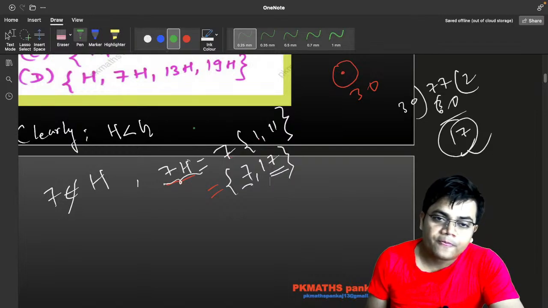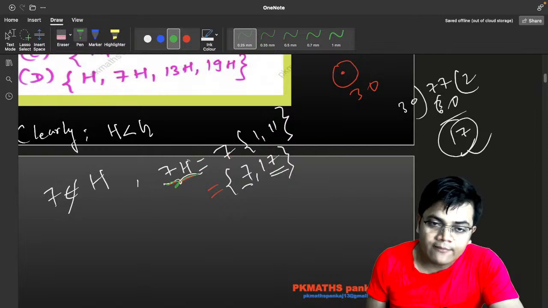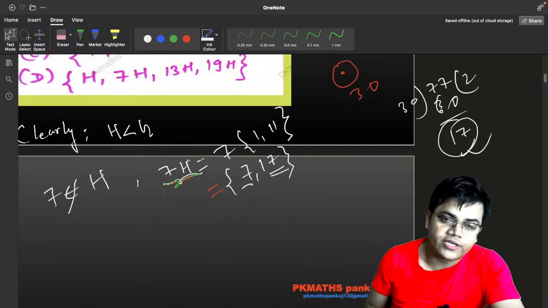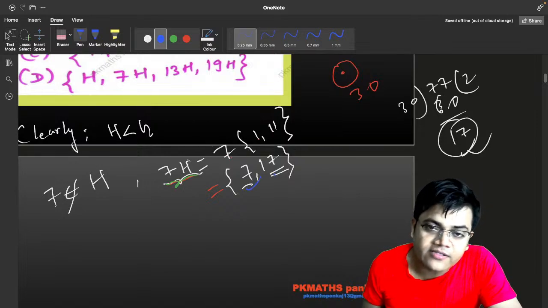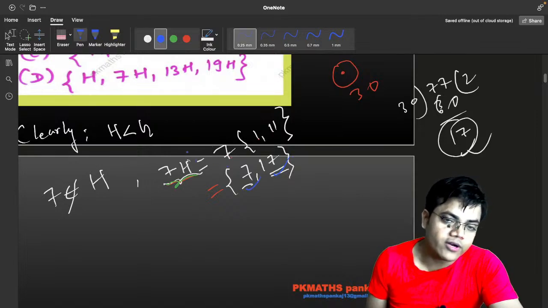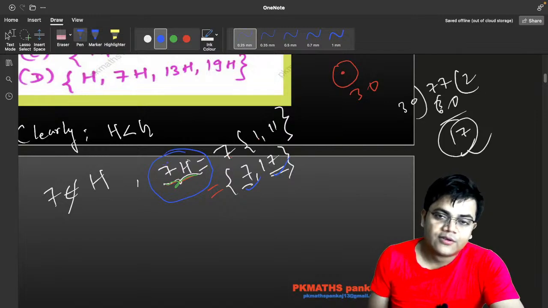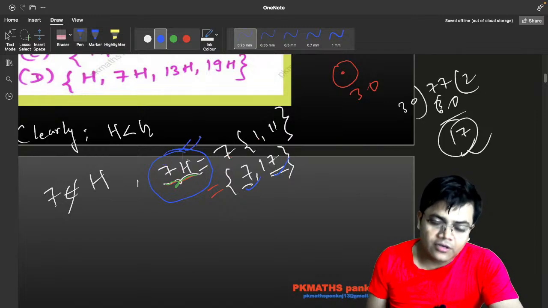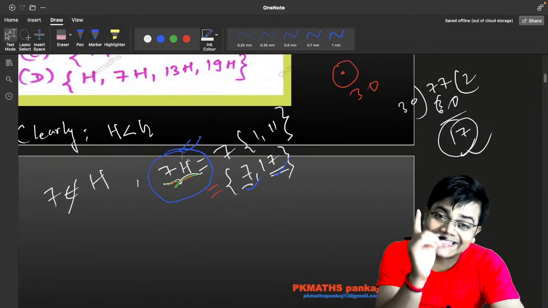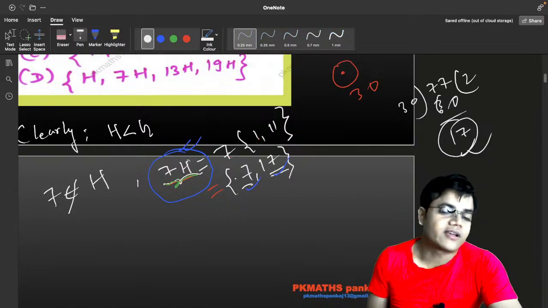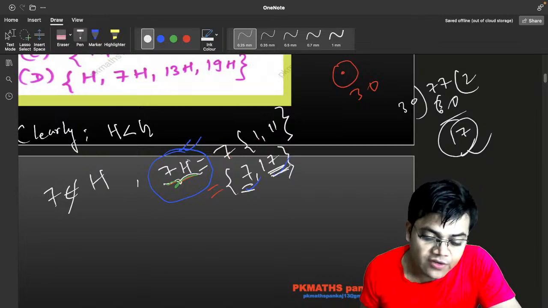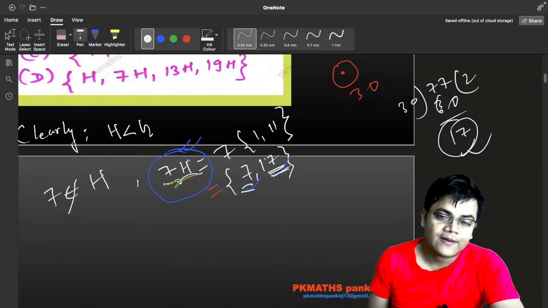Now you have to generate other left quotients with the elements other than 7 and 17, because you have already used these. As you have to find distinct left quotients, you will not use 7 once again. So this is 7H, and the elements will be 7 and 17, only these 2 elements.